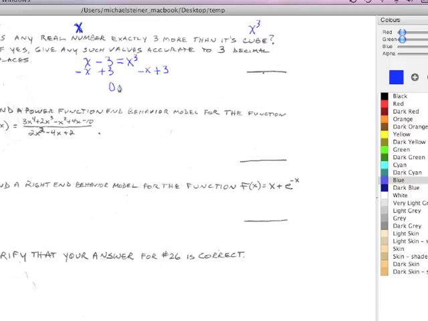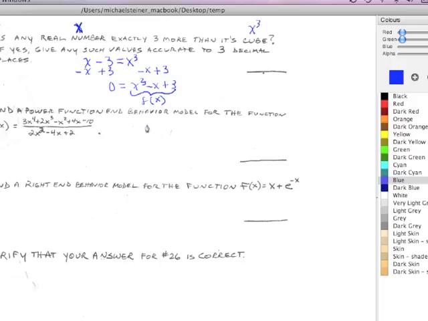We would have 0 is equal to X cubed minus X plus 3. So we want to know, when is this function right here equal to 0? Then we would have a number whose value is exactly 3 more than its cube.